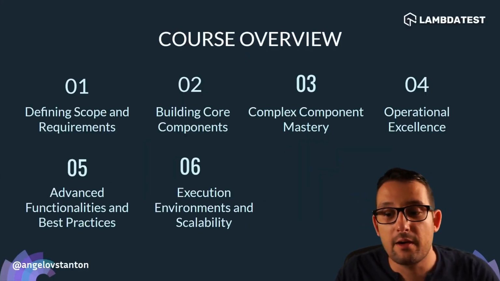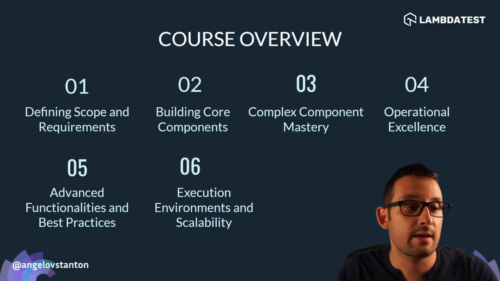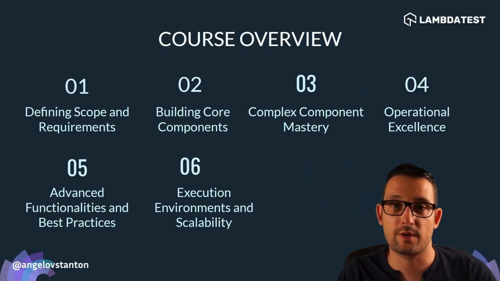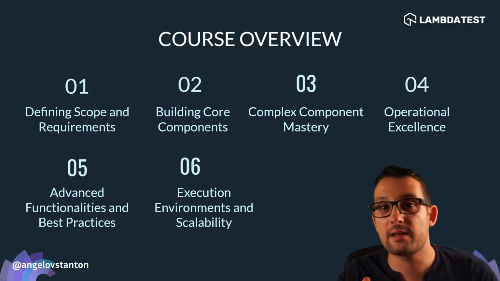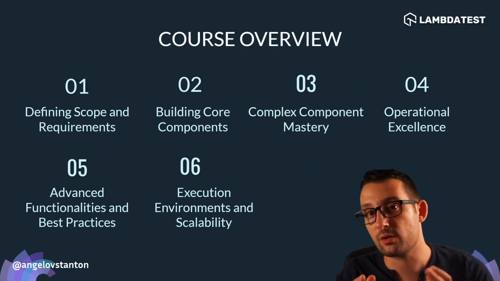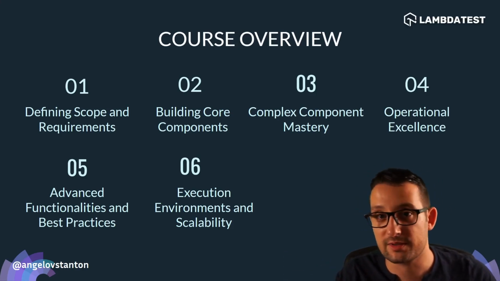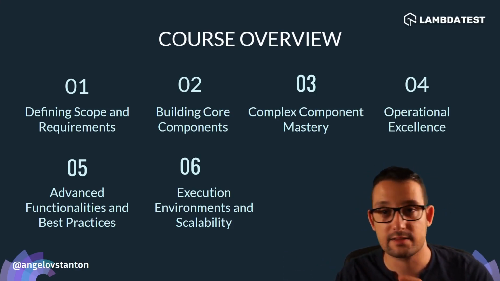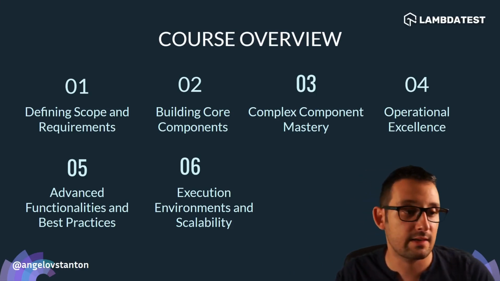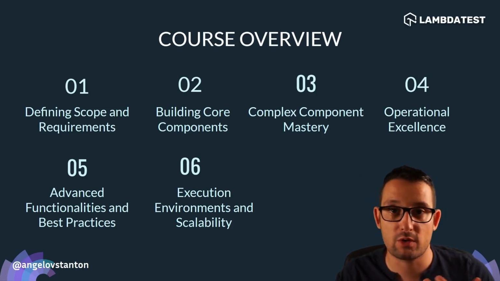So let's begin. I won't be repeating the whole course overview, but before we begin I suggest you check all of the modules one by one if you haven't done so. We define the scope and the requirements for our framework. I explain a system for deciding whether you need to create a framework or not.